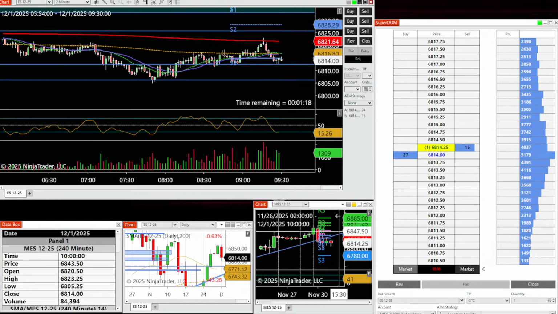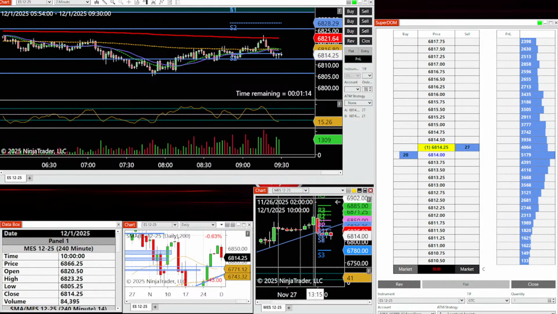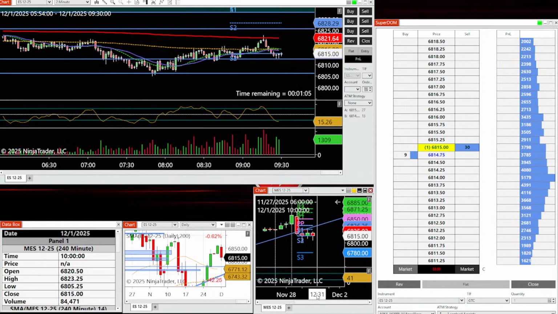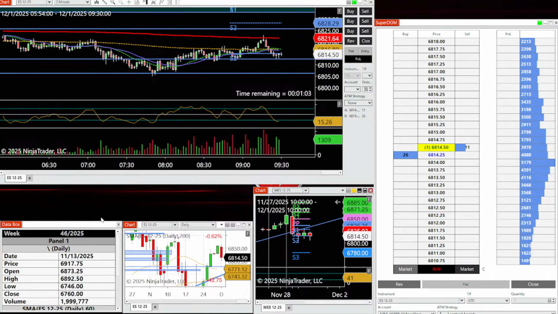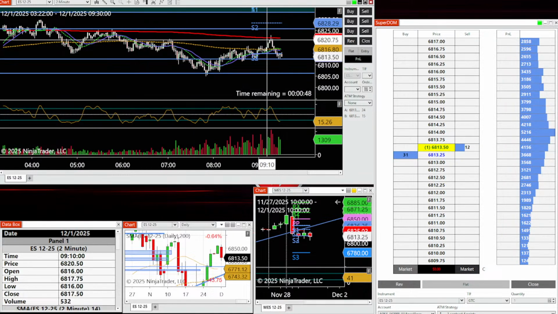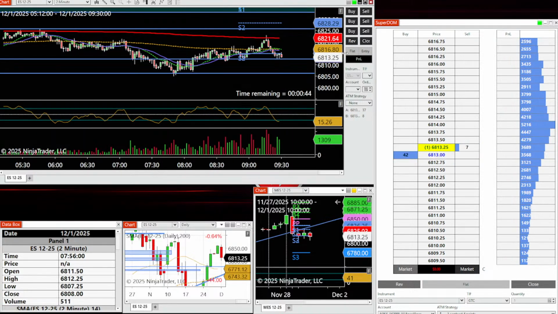Let me adjust just a little bit because I want to get this out of the way. I don't want to have all that in my way. I want to figure out how to take these dates off also. Setting up. That was a trade off of the VWAP.